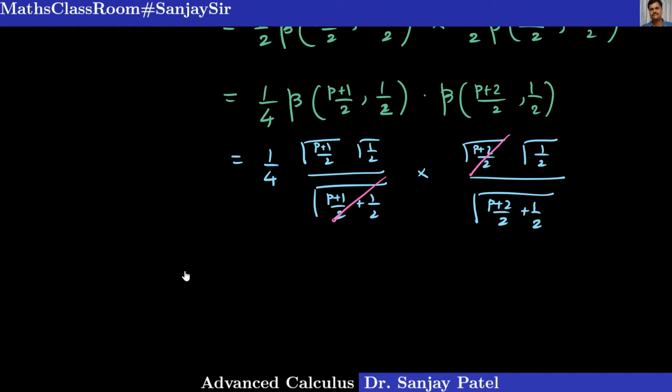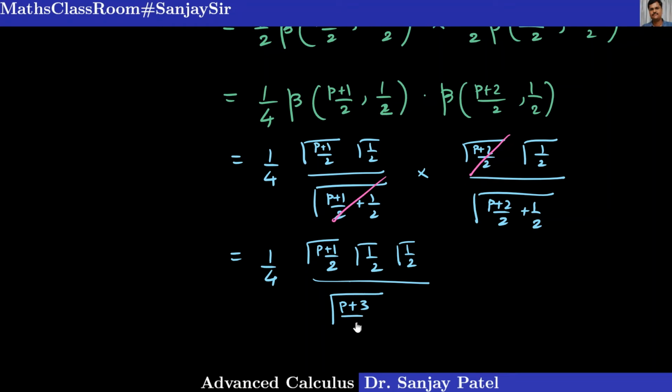What is left is only these terms, so I can write it as 1 by 4 times gamma p plus 1 by 2 into gamma 1 by 2 into gamma 1 by 2 again, upon gamma of p plus 2 plus 1, so it is gamma of p plus 3 by 2.